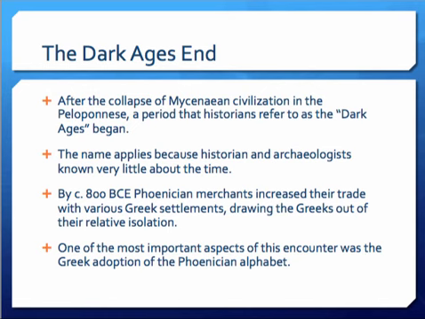One of the most important aspects of this encounter, of course, is that the Greeks will eventually adopt the Phoenician alphabet. The Greeks had a language. They had a form of written language called Linear A and Linear B that were discussed again in an earlier lecture.